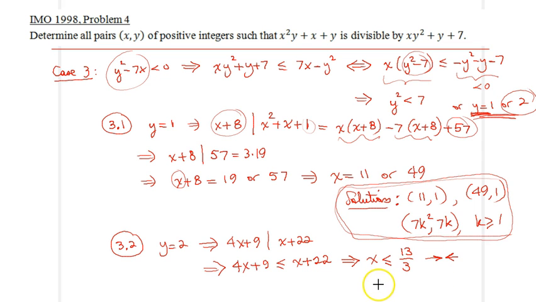The contradiction follows from the fact that that would suggest x is equal to 1, 2, 3, or even 4, and y is equal to 2. It's easy to check that none of these four cases work actually.